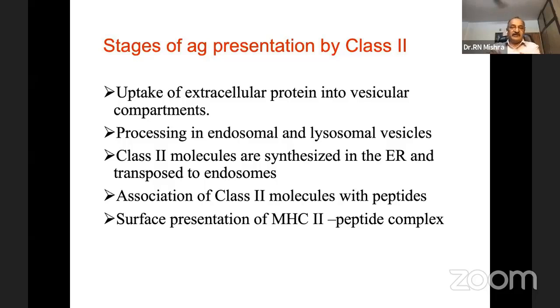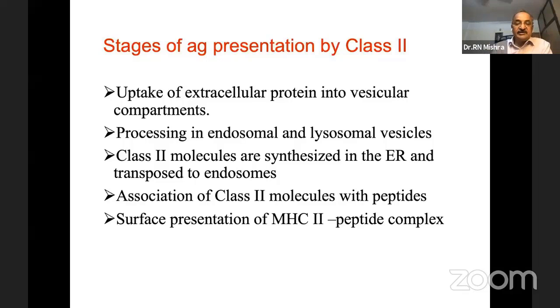The stages of antigen presentation by class 2 are uptake first, then processing in endosomal and lysosomal vesicles. Class 2 molecules are synthesized in the endoplasmic reticulum and transported to the endosome, followed by association of the class 2 molecule with peptides.